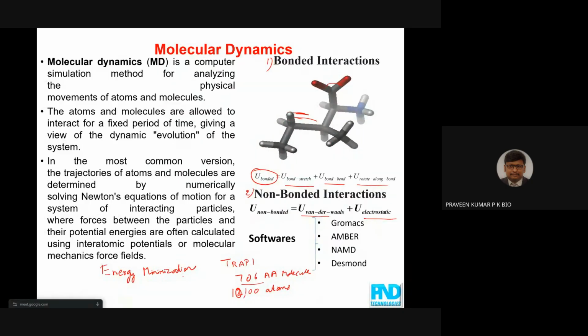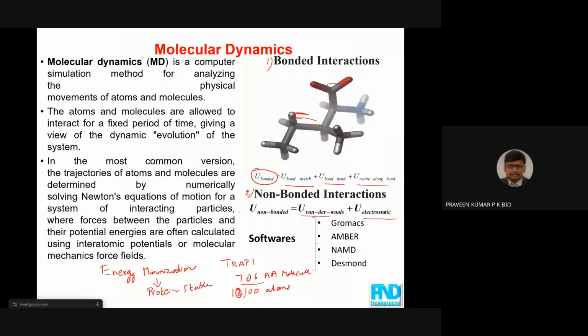Whatever energy we calculate, we go with the energy minimization protocol to make a protein more stable. To make the protein more stable, we go with the energy minimization protocol.